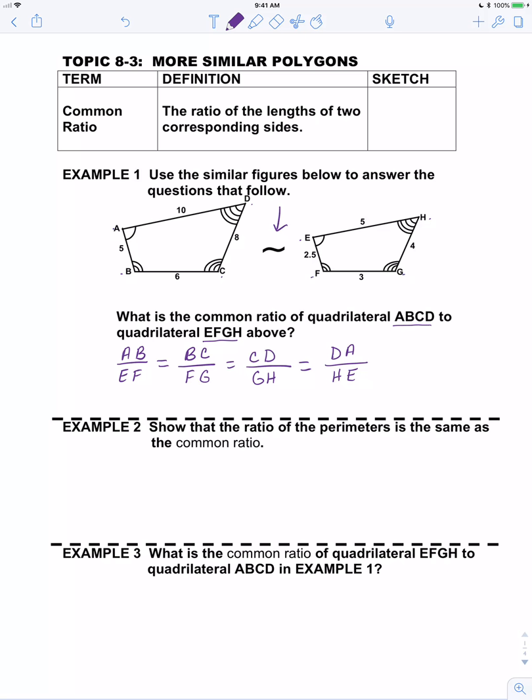And so now, let's put in actual numbers, and we're going to show that these ratios are all the same. So AB, the length of that line is 5. Then the line EF is 2.5. BC is 6, and FG is 3.